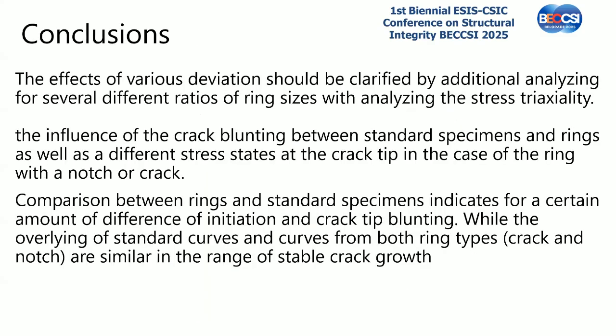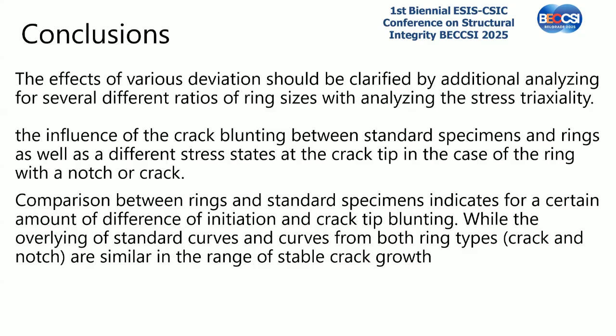So this effect of deviation should be clarified by additional analysis for several different ratios of ring size, with analysis of stress triaxiality, the influence of crack blunting between standard specimen and rings, as well as different stress states.